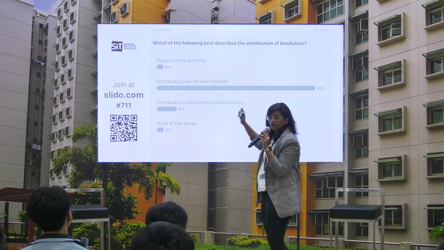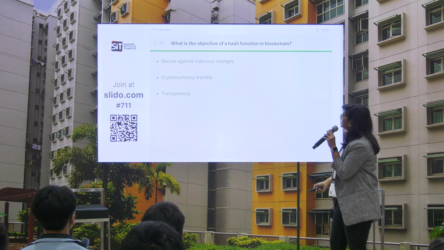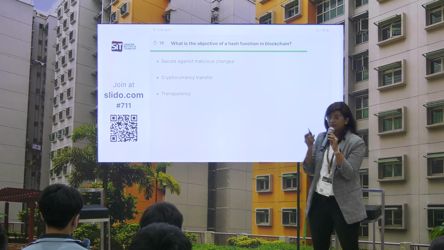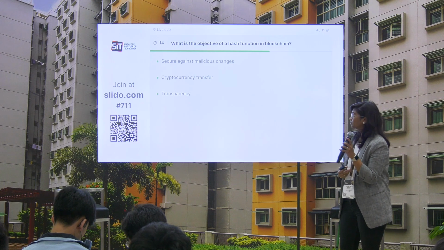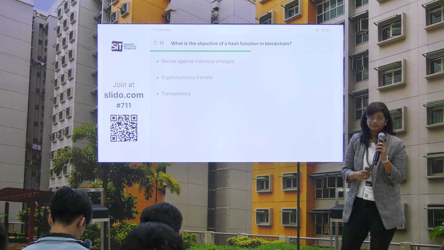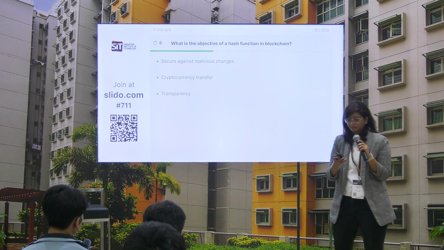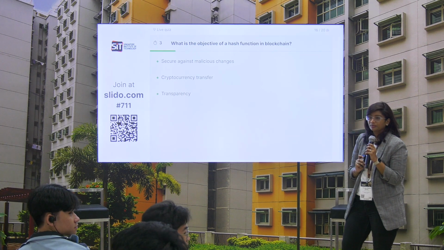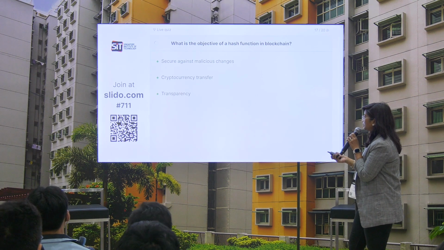So no central authority, okay? Next question. What is the objective of a hash function in the blockchain? It's secure against malicious changes, right?